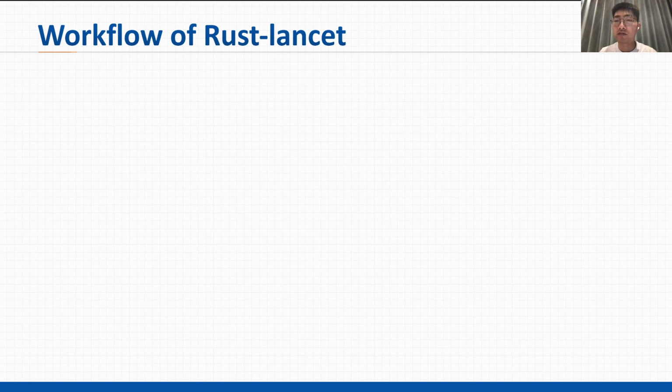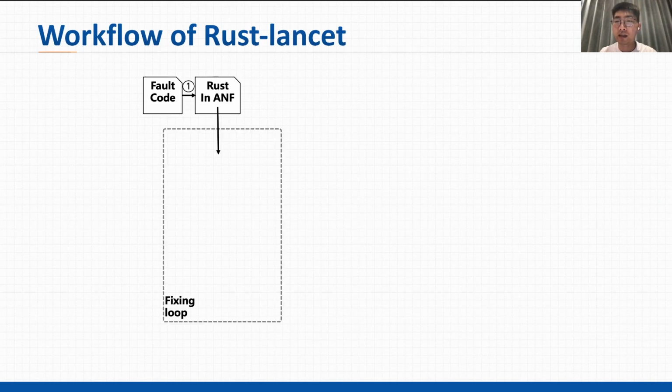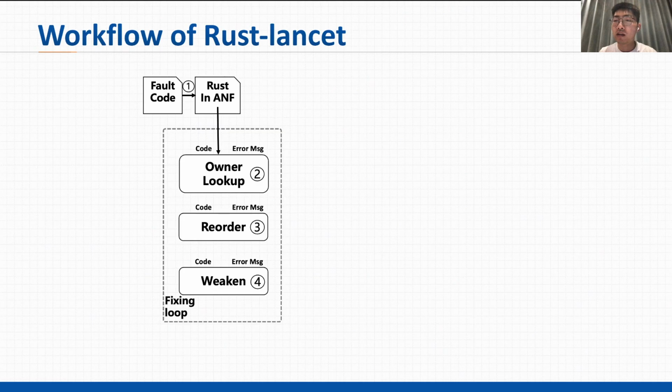Rust-lancet has 3 strategies and a patch assessment component. Before fixing, Rust-lancet converts the input program into an intermediate representation, ANF. Next, Rust-lancet starts a fixing loop. In each fixing strategy, Rust-lancet will try to generate a patch.